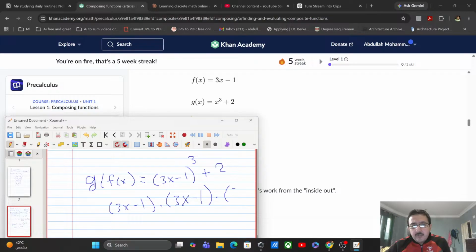So what's happening is 3x times 3x is 9x squared, then I got minus, and then I got 3x times minus 1, that's a minus 3x, and I got minus 1 times 3x, that's a minus 3x, minus 1 times minus 1, that's a plus 1.